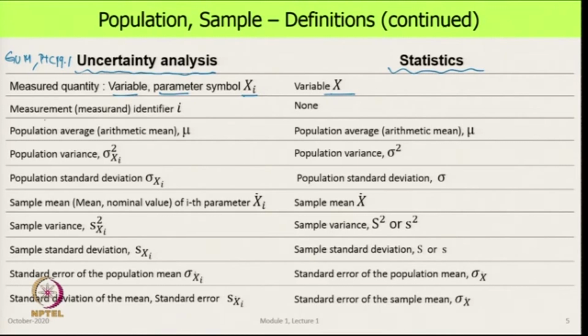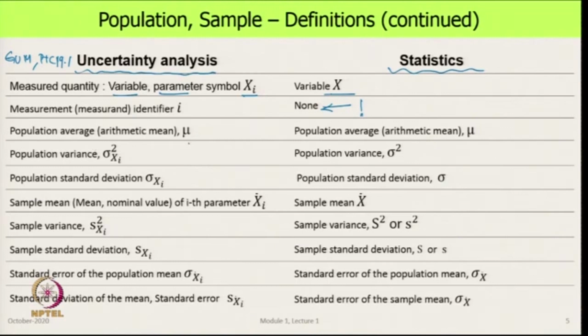The measurement identifier, which is the subscript, is I. That means x1, x2, x3, which is some pressure, some temperature, some flow, like that. In statistics, this is not there. They only deal with one variable. They do not deal with multiple variables, not until you go much later in the course.